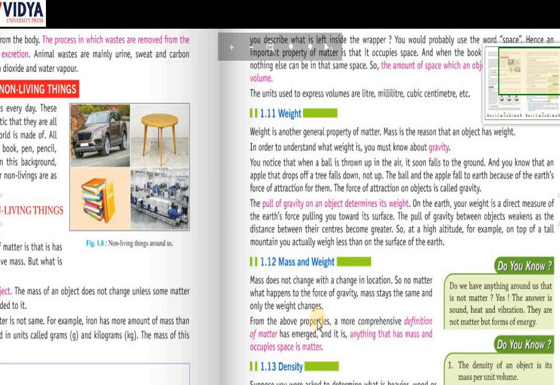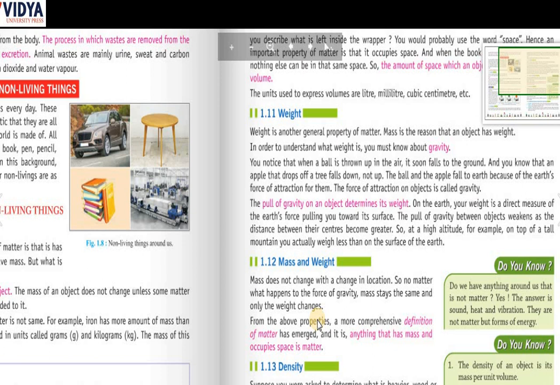What this paragraph is saying is that mass always remains constant unless something is added or removed, but the weight changes according to the location. For example, if your weight here on the earth is 60 kg, but if you weigh yourself on the moon, your weight will be 10 kg.